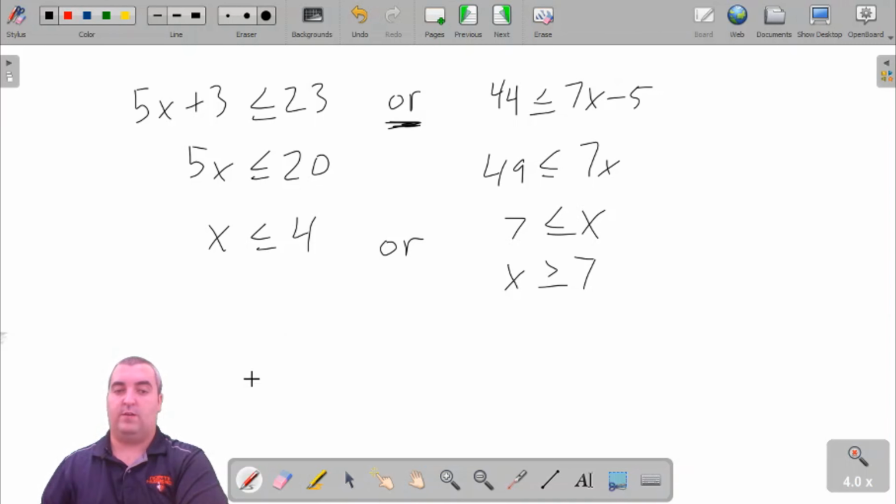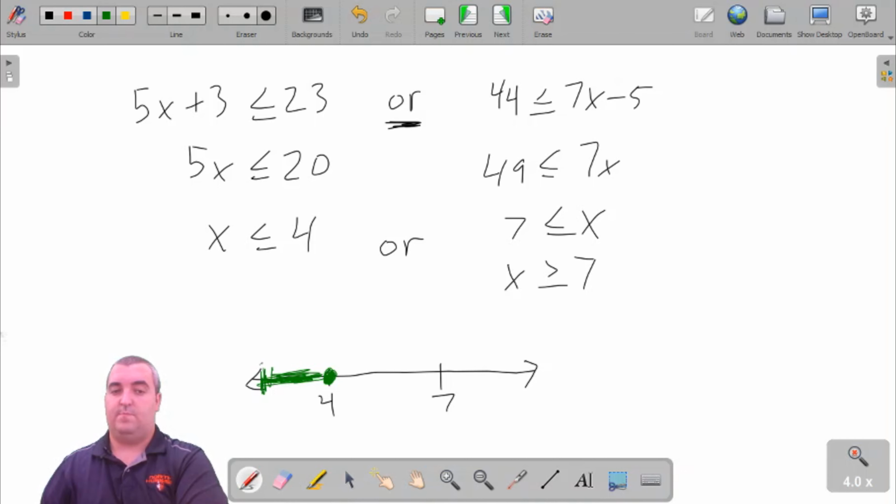inequality. So when it goes to graphing, once again, we take our number line and put both things down, so 4 and 7. Let's change our colors. Let's go green. X is less than or equal to 4, so the or equal to means putting that filled in circle here, and stuff that's less than 4 is to the left.